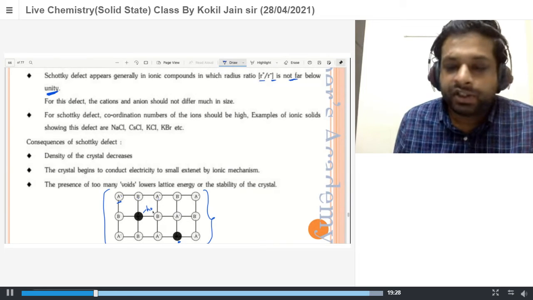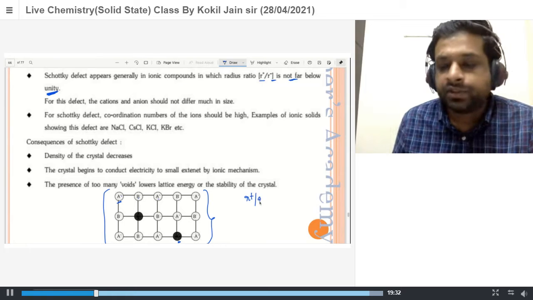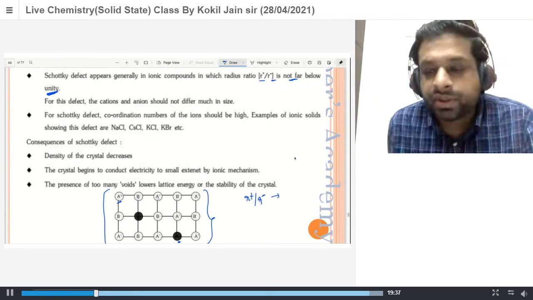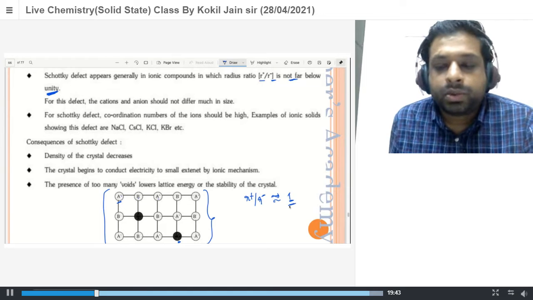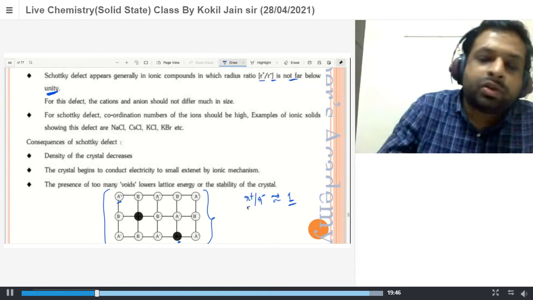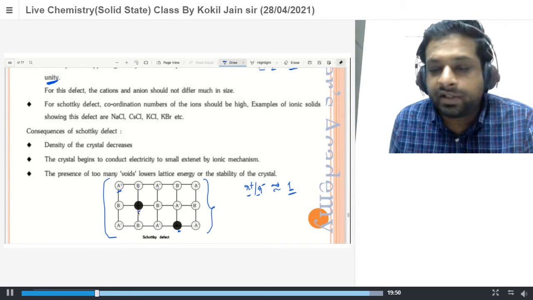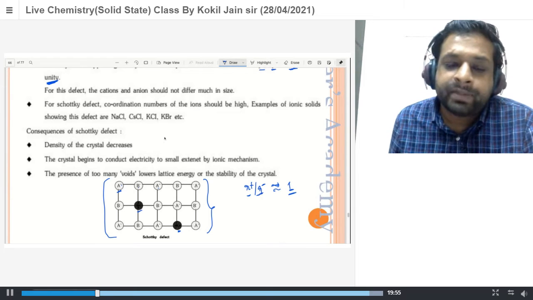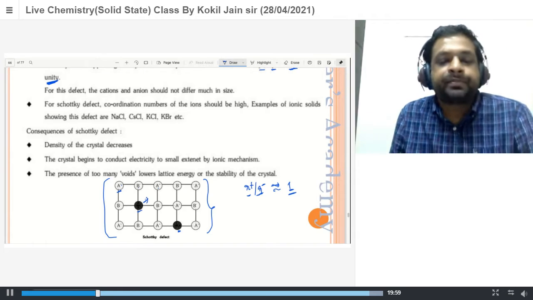The radius ratio R plus by R minus, which we saw while studying limiting radius ratio, should be very close to 1, not far below 1. Why is it so? Because only then both of them are going to be removed. If R plus is much lower than R minus, then we will see the removal of R plus only. It will get removed easily because of its smaller size.